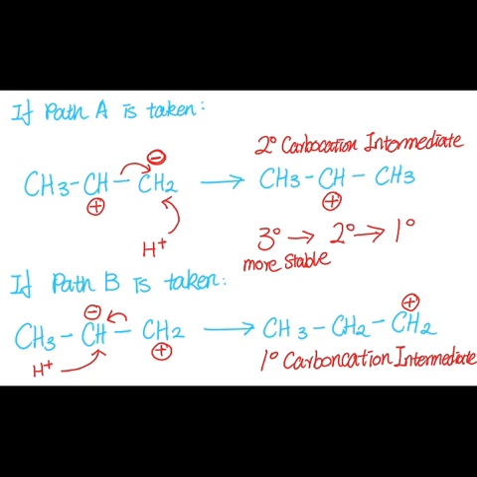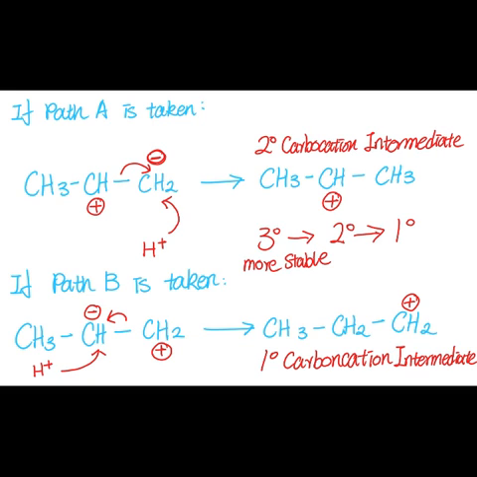That means in the result of an experiment, these two intermediates have a 50-50 proportion, right? So 50% of the intermediate will be a secondary carbocation, and 50% of the intermediate will be a primary carbocation.